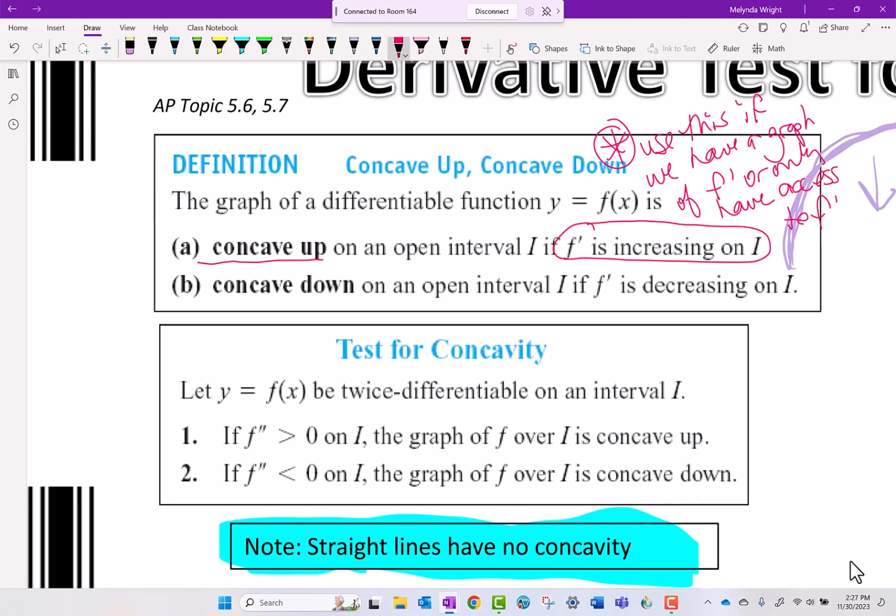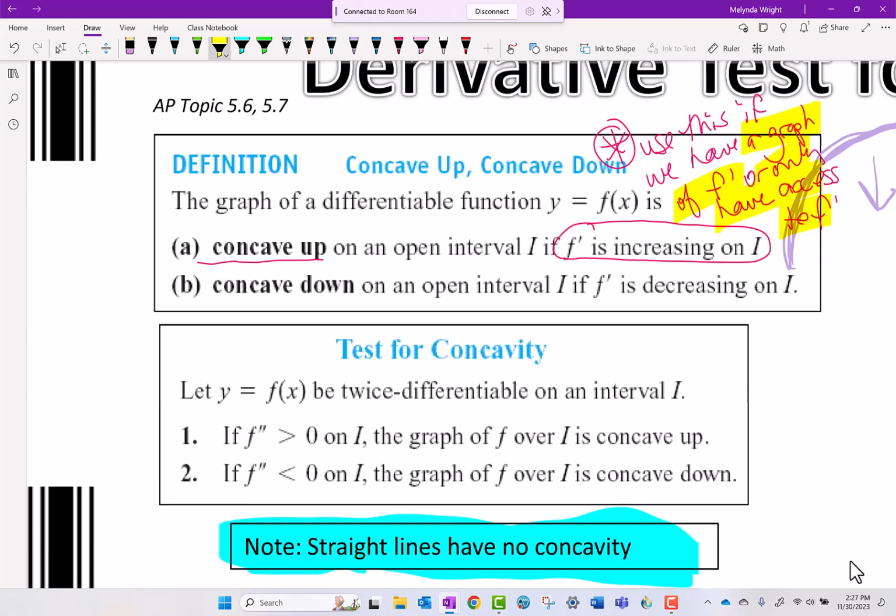That's when we use the definition. We have to use this if we have a graph of f prime. By using it, I mean we use it as justification in figuring out how things are working. We use this if we only have access to f prime. Otherwise, we would prefer to use the second derivative.